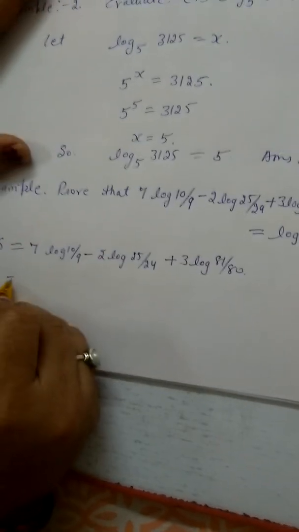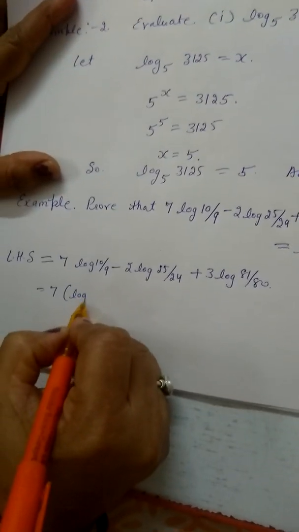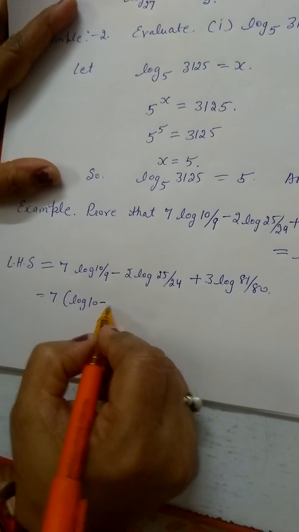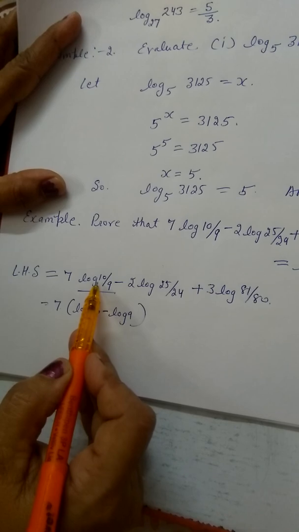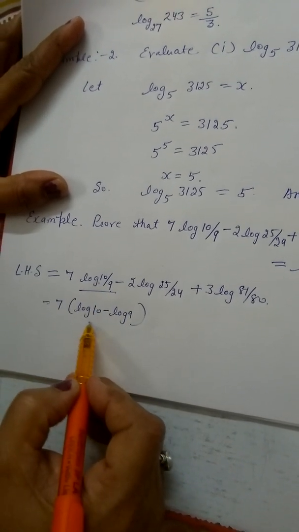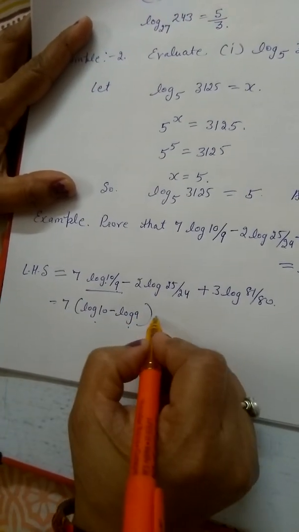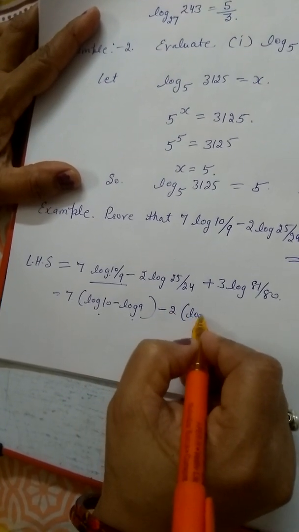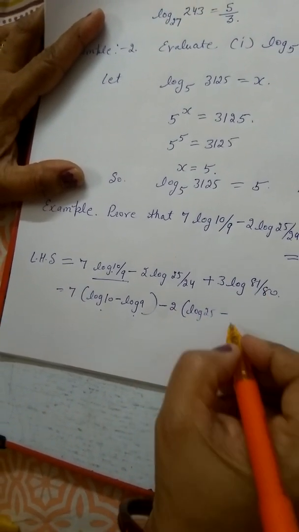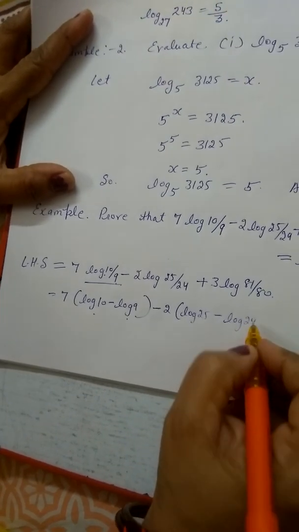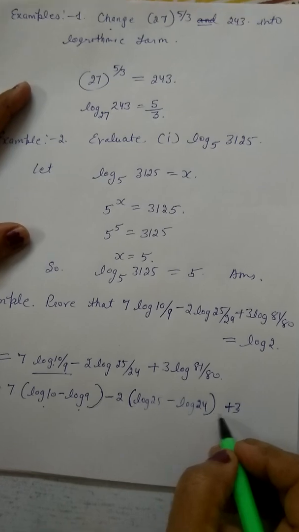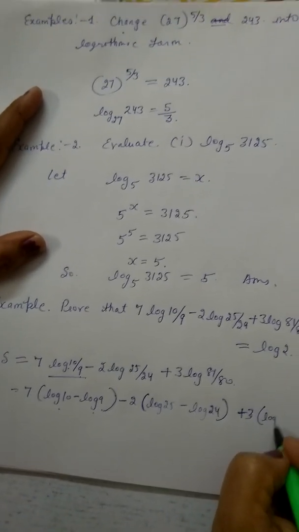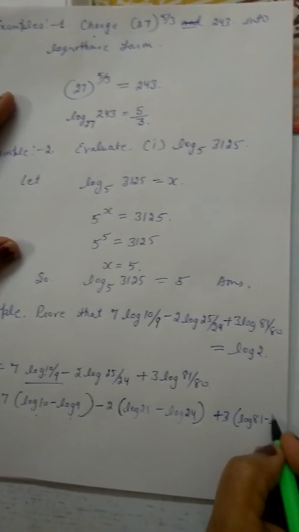Now you will write this using the property, 7 times (log 10 minus log 9). This is the second property. As 10 divided by 9, so you can write this like this, minus 2 (log 25 minus log 24) plus 3 (log 81 minus log 80).